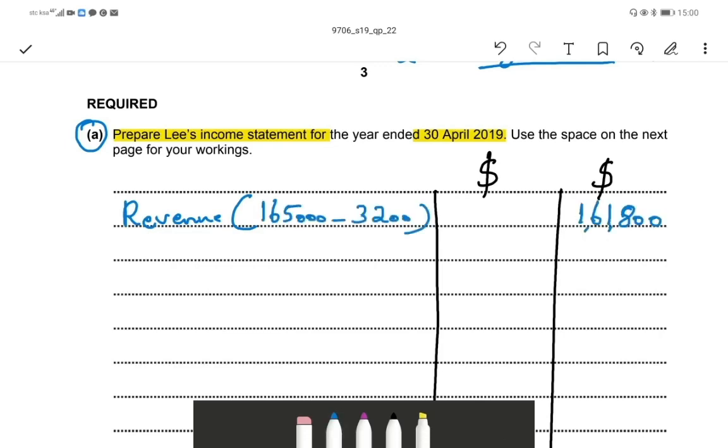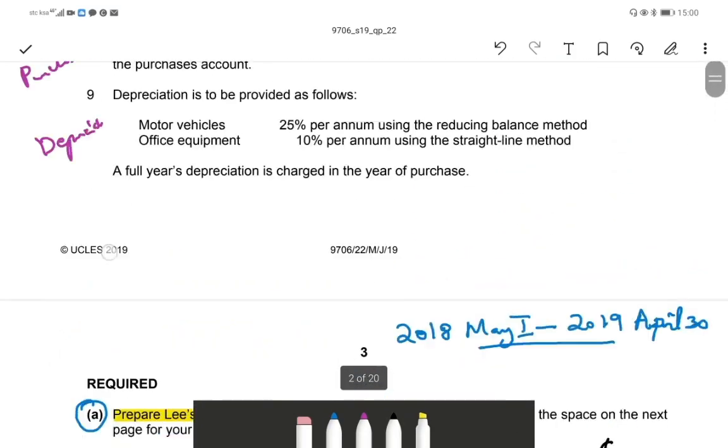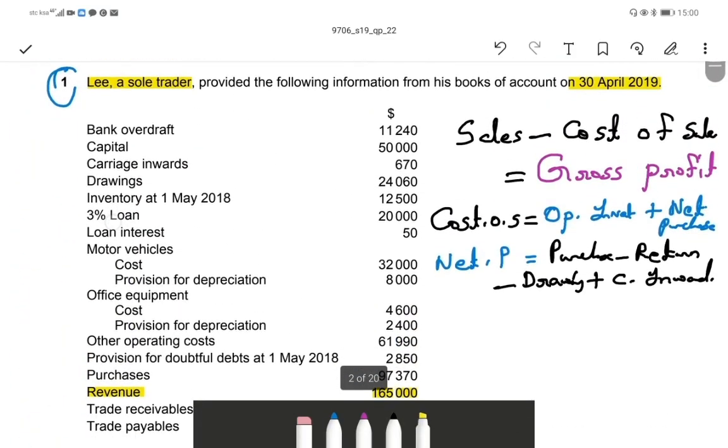Next, we have to do cost of sales, less cost of sales. What is the equation of cost of sales? Opening inventory plus net purchase. So first we have to enter opening inventory, then net purchase. What is the amount of opening inventory?